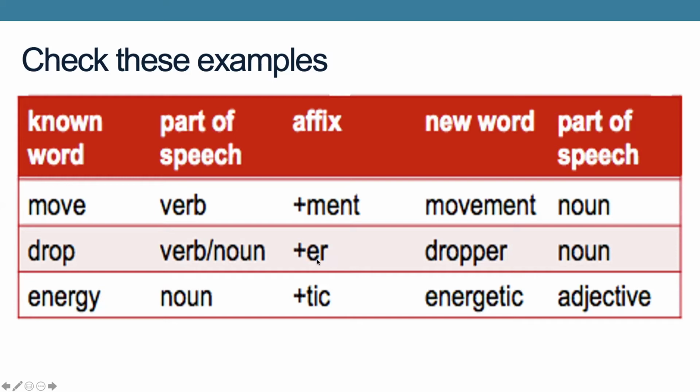You add the suffix er, and you get dropper, which is a noun. You go from verb to noun. You also can have energy, and you just lose the y. Add tic, and you get energetic. And you go from a noun to an adjective.